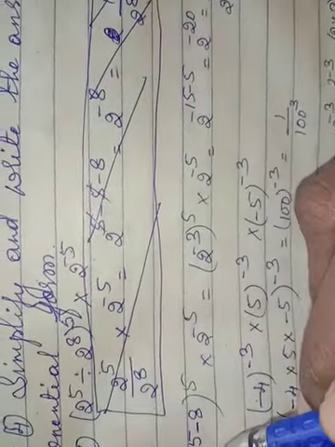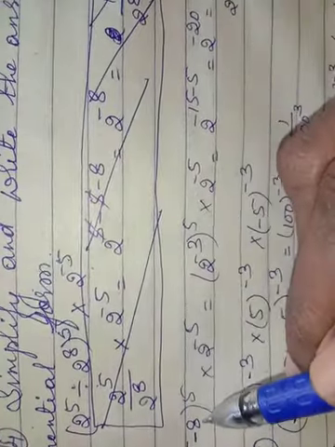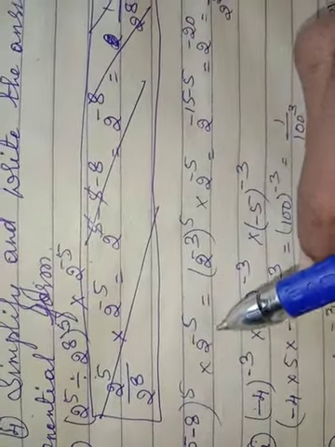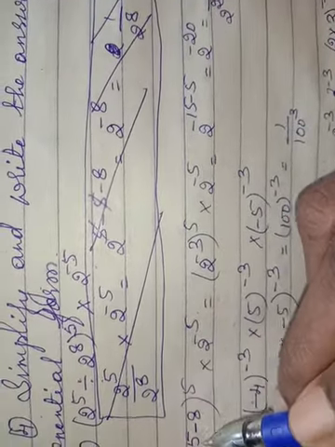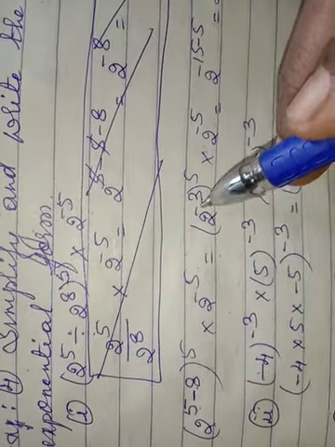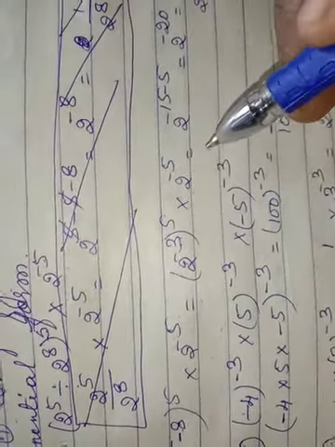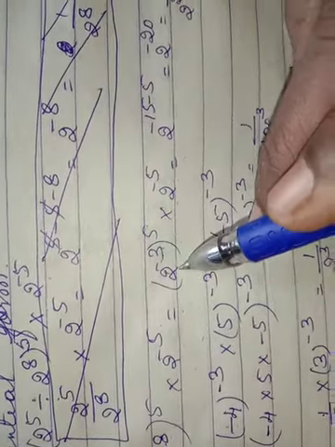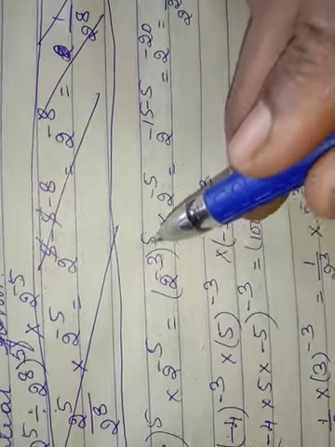So division is there, means 2 to the power 5 minus 8, whole to the power 5 into 2 to the power minus 5, is equal to 2 to the power 5 minus 8, which is how much? Minus 3. Correct? 2 to the power minus 3 whole to the power 5 into 2 to the power minus 5.